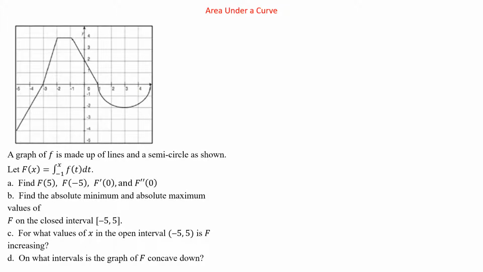Kind of like, a graph of f is made up of lines and a semicircle is shown. So that just says that what it looks like, it actually is. Like, it's not trying to trick you. Let capital F of x equal the integral from -1 to x of f of t dt. So the first thing to notice is it has a starting point there.